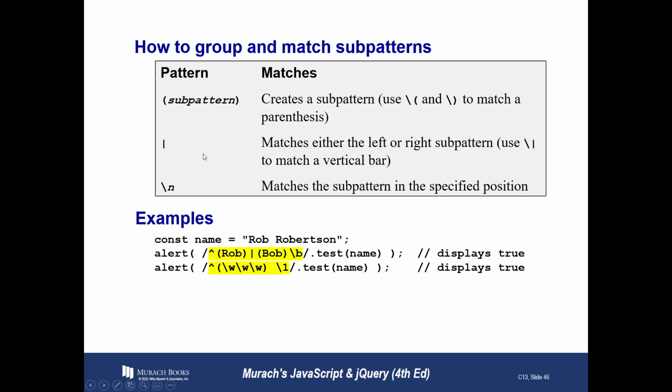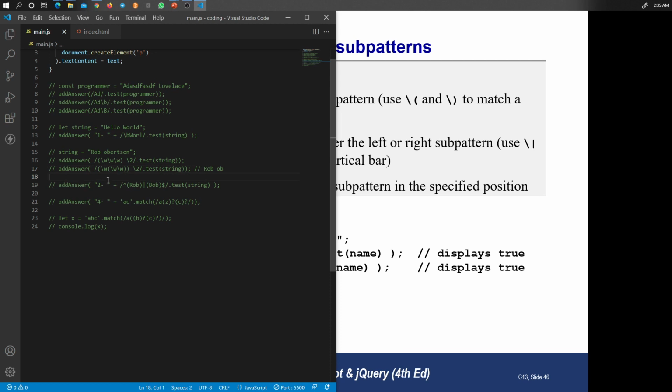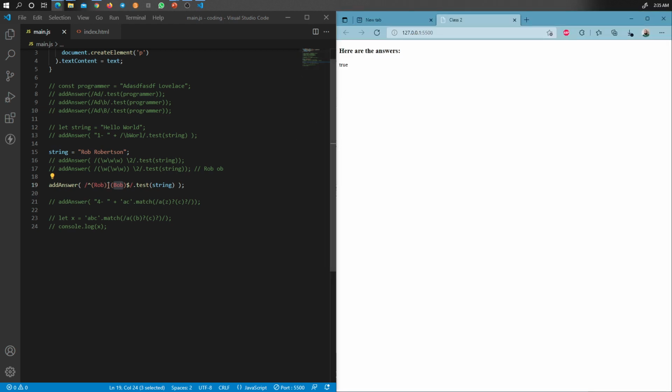Now let's take a look at this OR. Basically, the string is this one still, Robertson, and we have Rob or Bob. If I save, what does it show us? It shows us true because it does find a Rob at the beginning of the word.